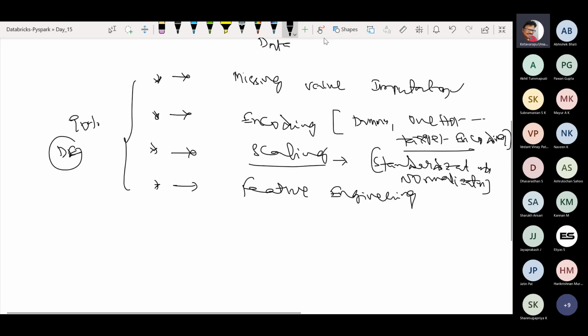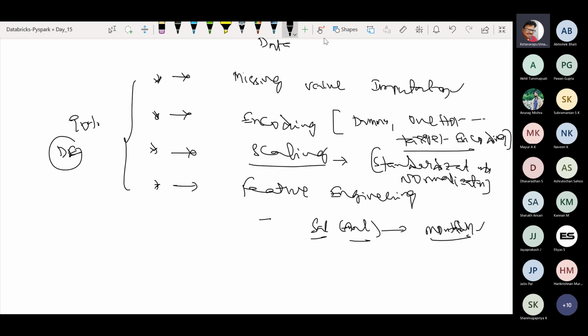And feature engineering, generally, guys, features which exist in the data set may not be enough to come up with the analysis. Maybe I can say, suppose a salary value is there, this is the annual salary, assume that, but I want to get the monthly salary. So I just need to establish a new feature.